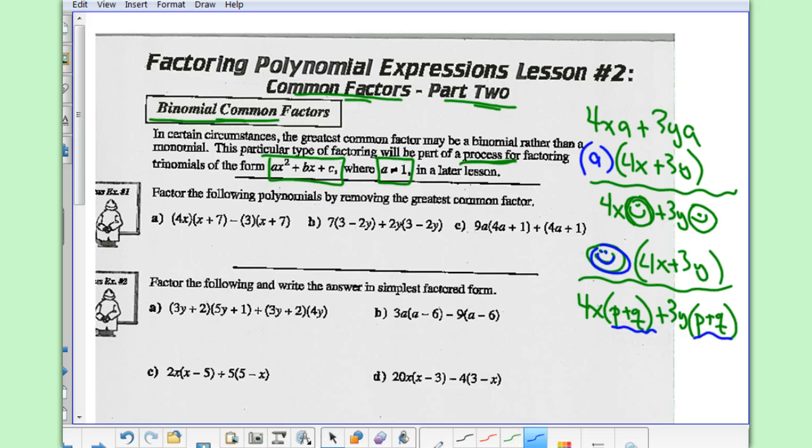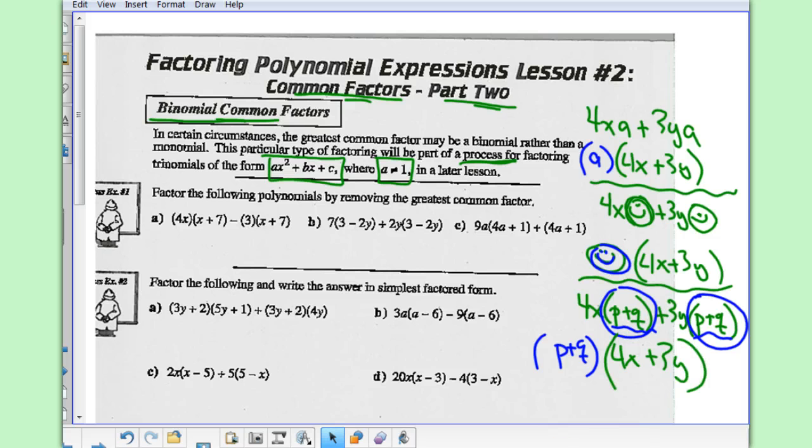I could take this factor, kind of like the happy face, I could take that out and put it by itself, p plus q in brackets, and the leftovers would now be 4x plus 3y. So the point of this is what we call a binomial common factor. The common factor is not a happy face or an a, it's actually a binomial.